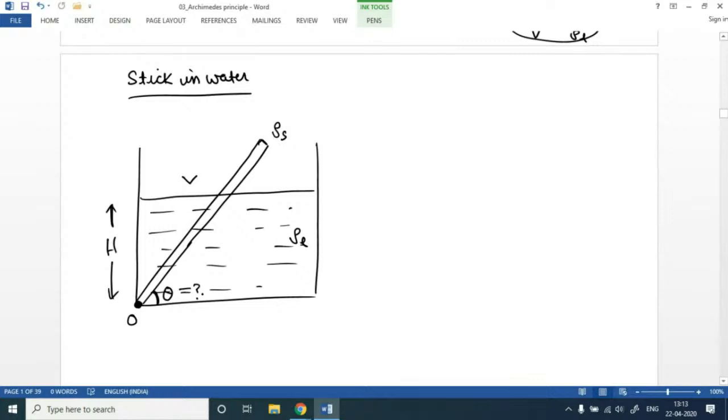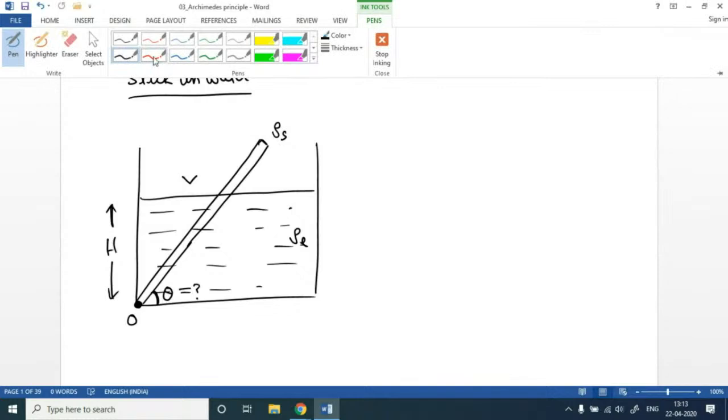Here we must learn about something called the center of buoyancy. We have already understood that buoyancy is the force exerted by the liquid on the submerged body. But what would be the point of application of that buoyancy? Whenever we consider rotational dynamics, we need to understand the point of application of any given force in order to calculate torque. Here the point of application of buoyancy is due to the weight of displaced liquid.